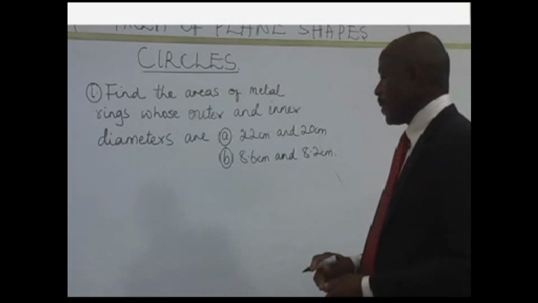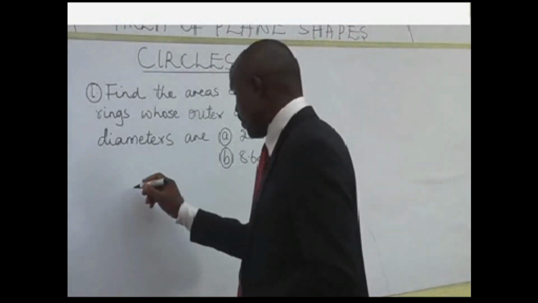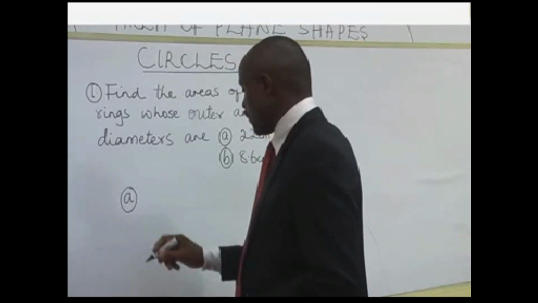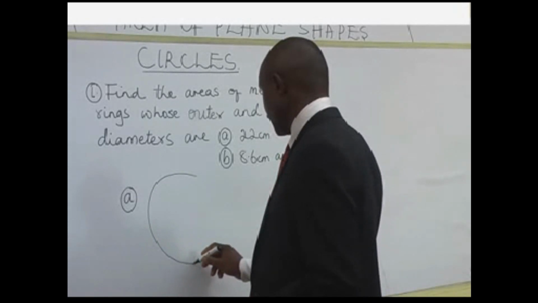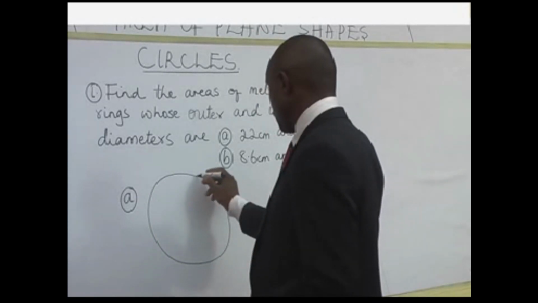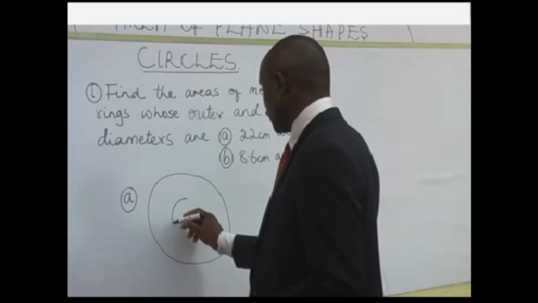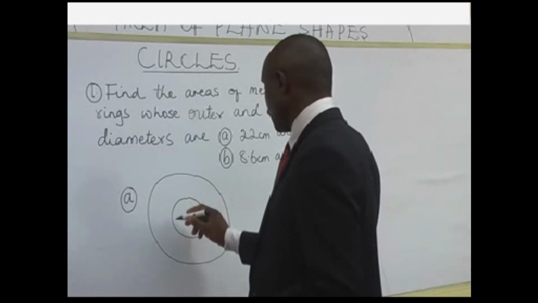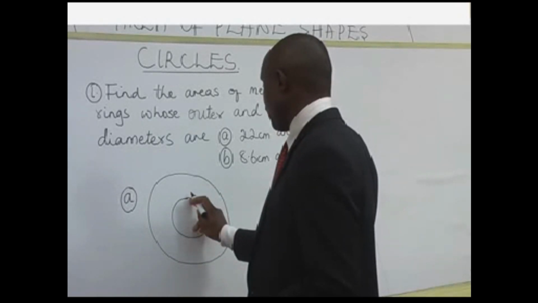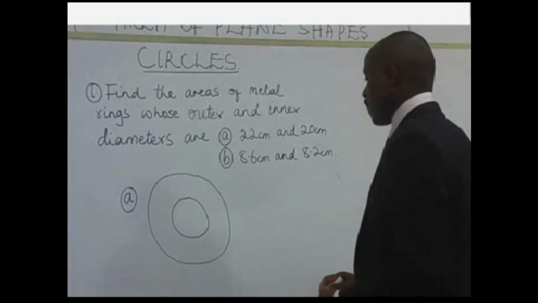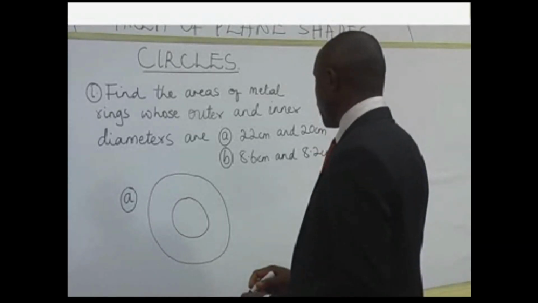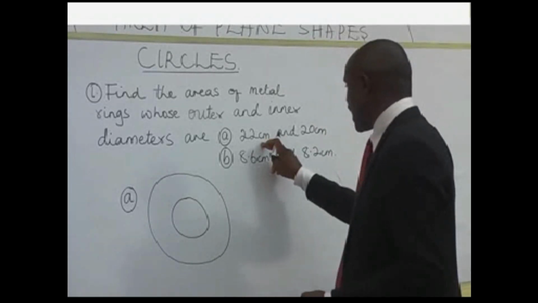Now, a metal ring, question number A. A metal ring should be something like this, something like a washer. You have the outer and the inner circle. The first question says that the outer diameter is 22.